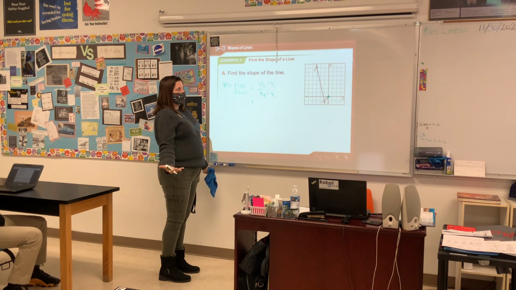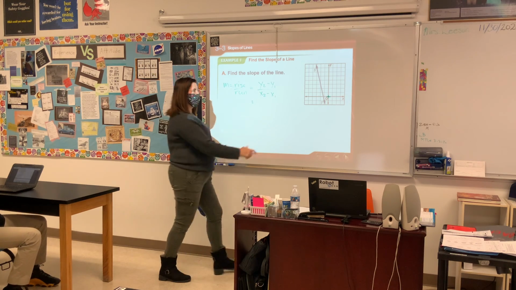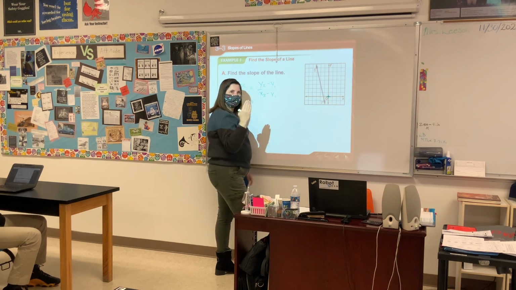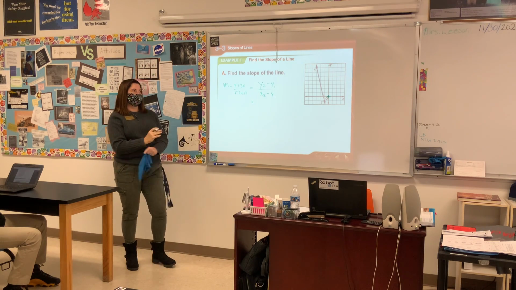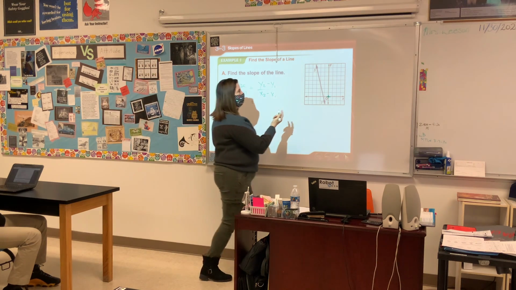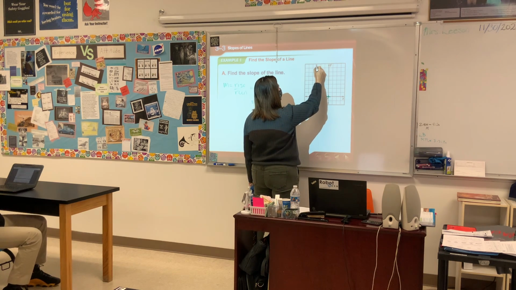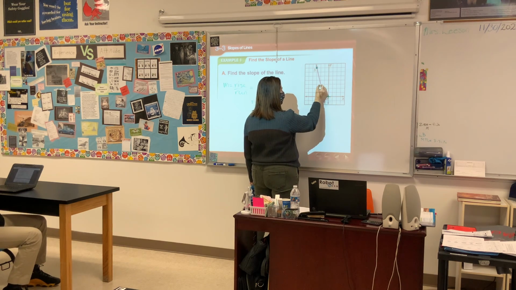Now I need to take any 2 points on that line. Do I want to use this point right here? Not really, because it's not at any clearly defined point on the graph. So let's pick 2 that do look like they're crossing at good locations. I do like this one, and I think I'm rather fond of this one.